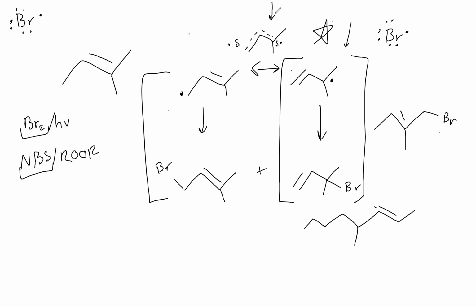What that means is we could have one or the other and we wouldn't know until we actually react it. So we have both of these alkyl halides as final major products, because they're both from the more stable allylic radical. Okay? Does that make sense?